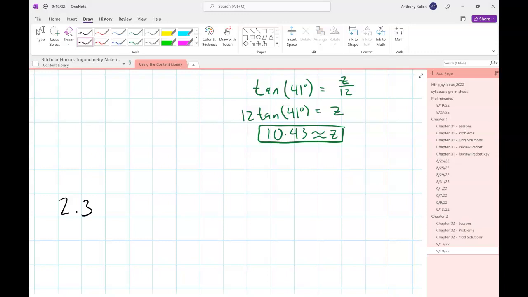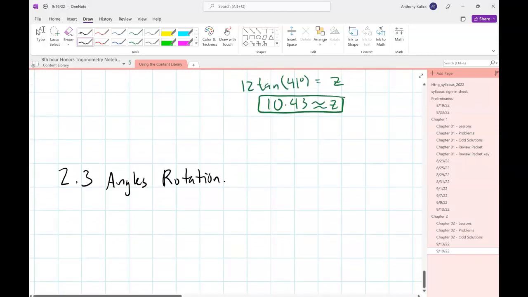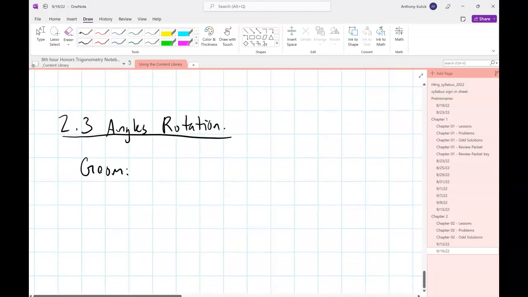All right. 2.3 is about angles of rotation. Let's go back in time to geometry. What's the biggest angle you could draw in geometry? 180 degrees, right?